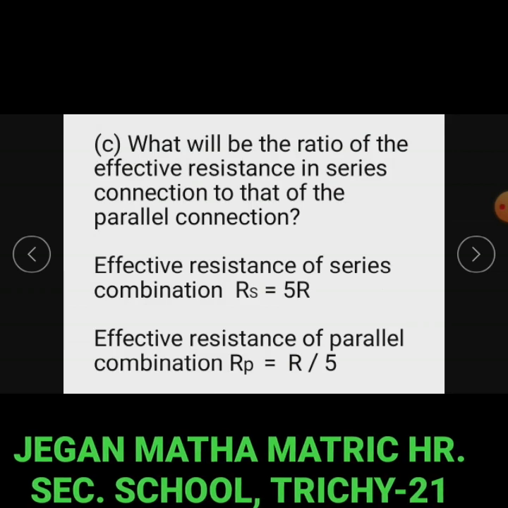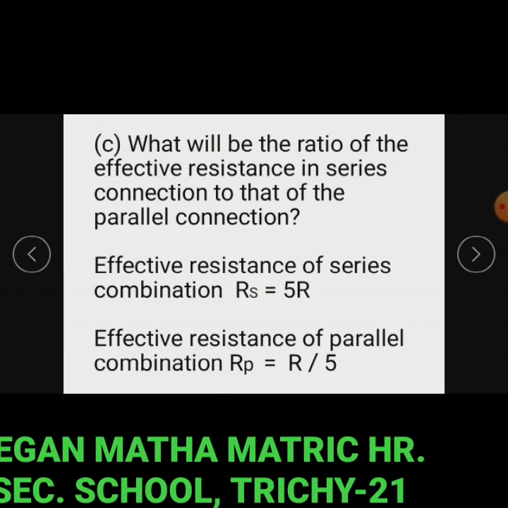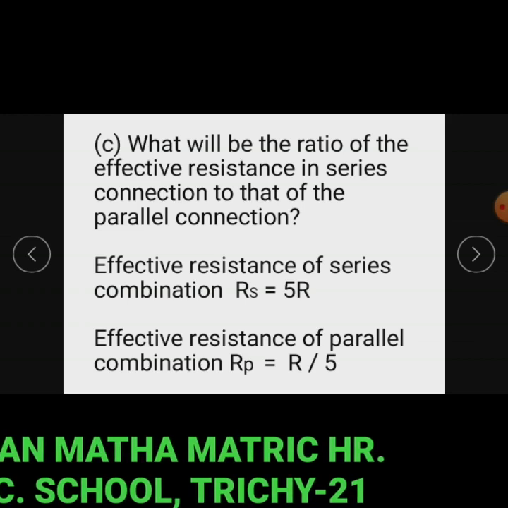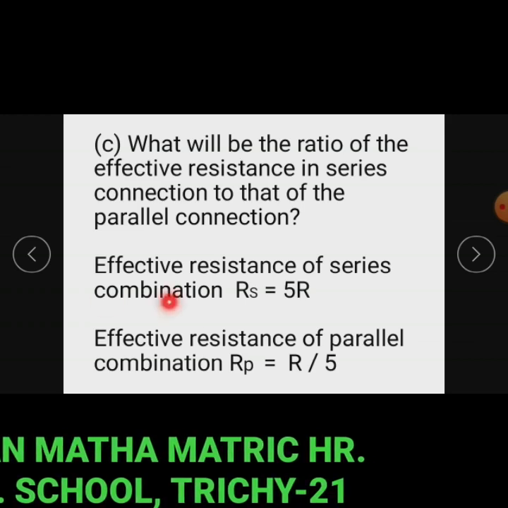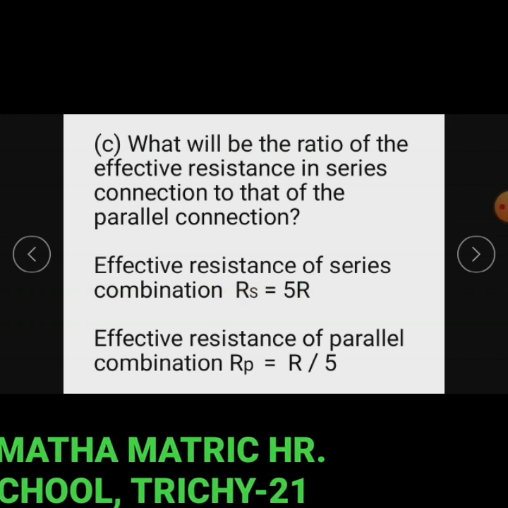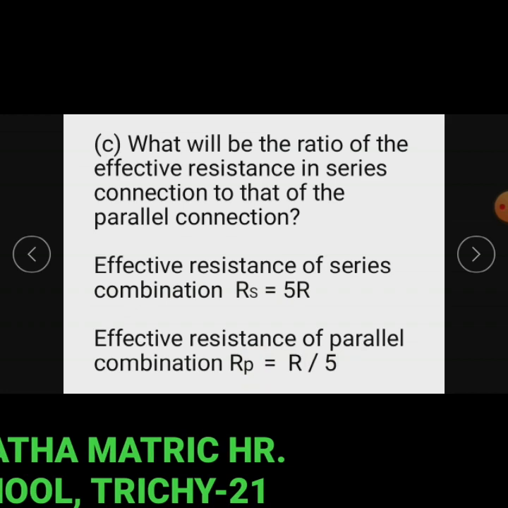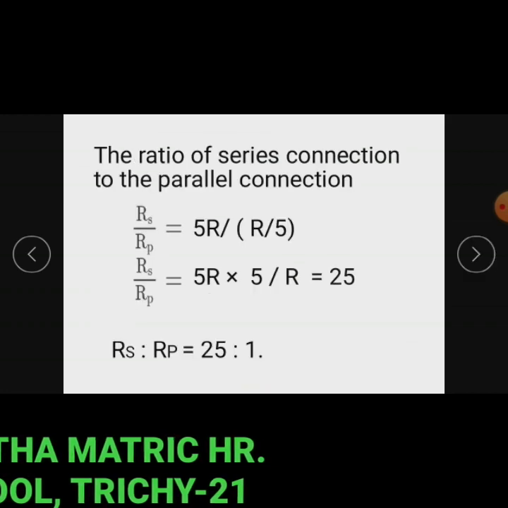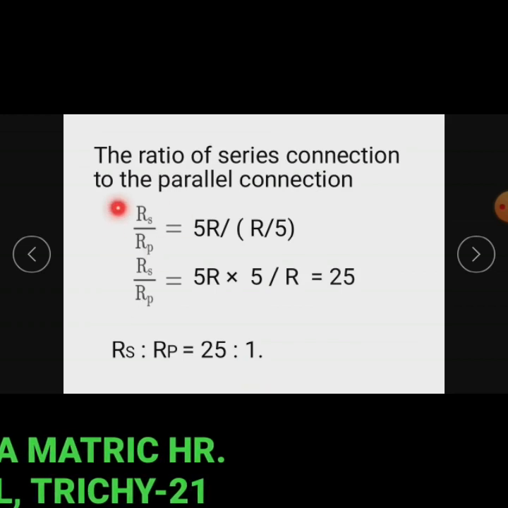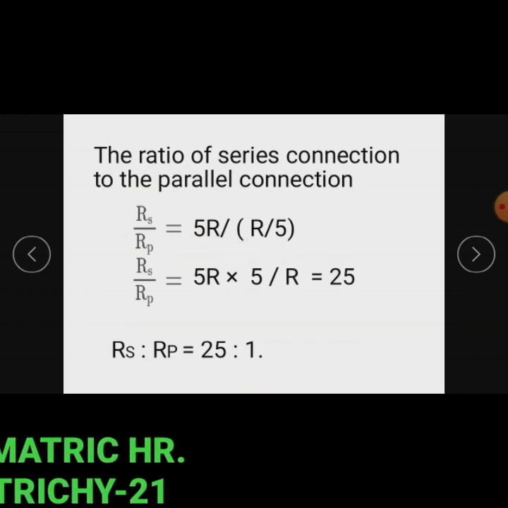Question C. What will be the ratio of the effective resistance in series connection to that of the parallel connection? Effective resistance of resistors connected in series combination Rs equal to 5R. Effective resistance of parallel combination Rp equal to R by 5. The ratio of series connection to the parallel connection equal to Rs by Rp equal to 5R divided by R by 5.